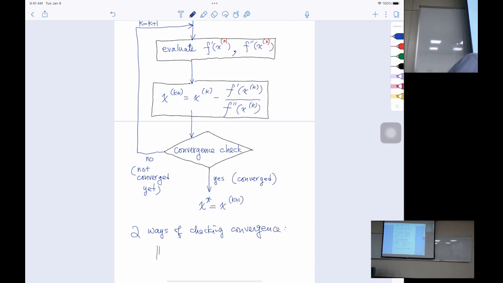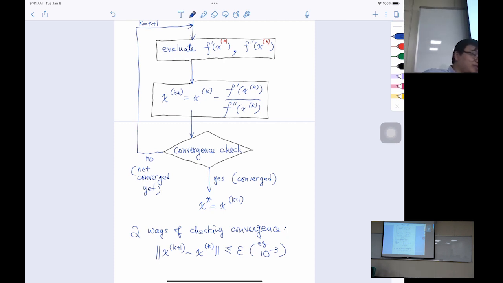One way is to see if the new solution and the previous solution differ by less than a very small number, for example 10 to the power of negative 3.